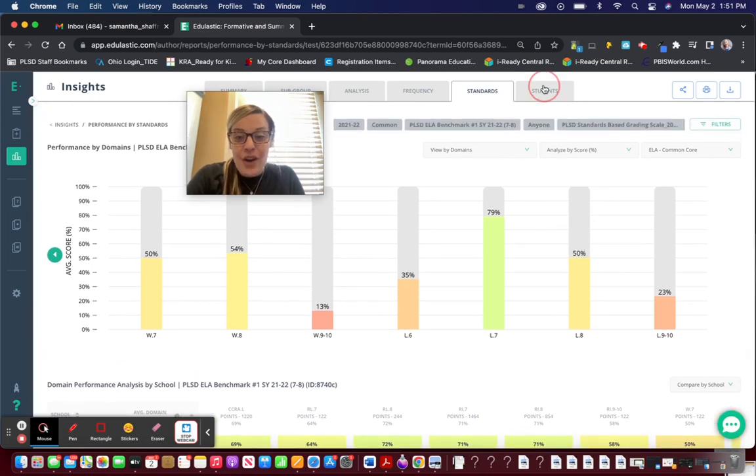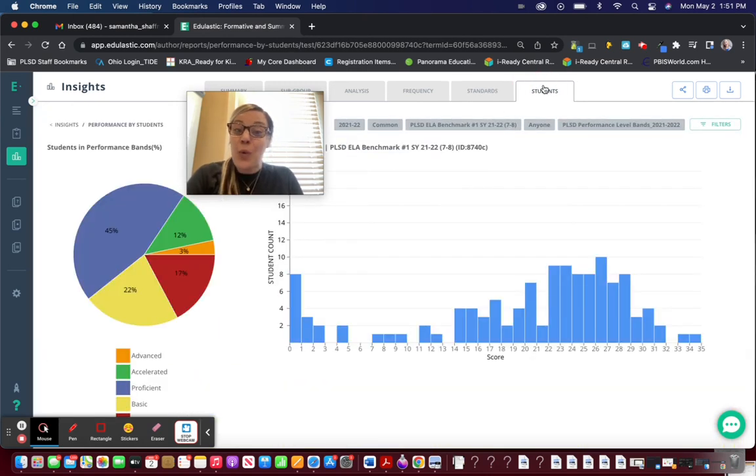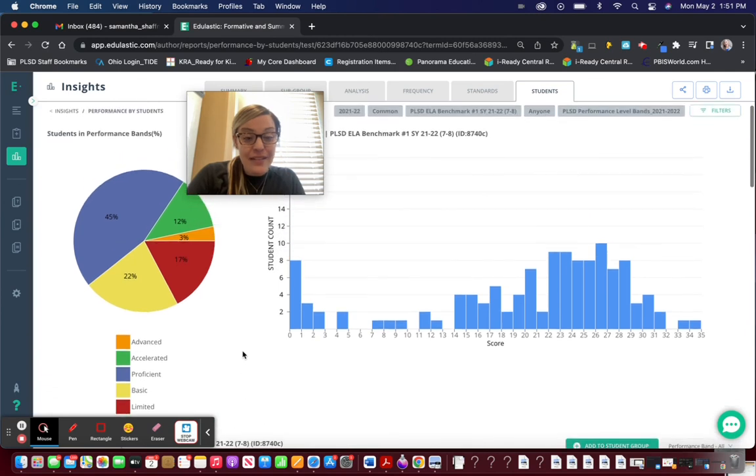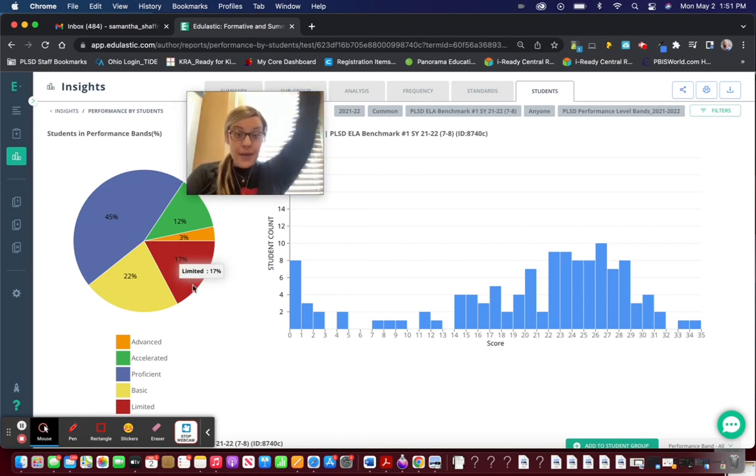I am going to record another voiceover about the closing the achievement gap piece of this. But here are our PLDs, our performance level descriptors. You can see we've got our limited, basic, proficient, accelerated, and advanced. We want to level these students up, but we really want to level up those students that are in these vulnerable student groups.